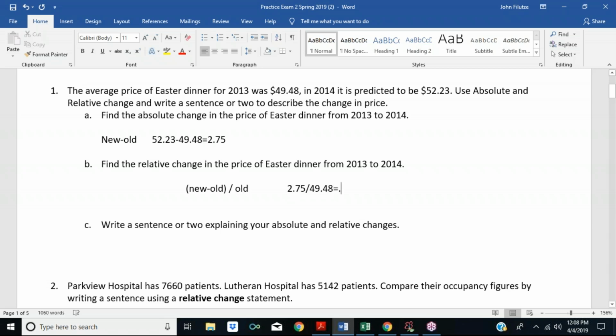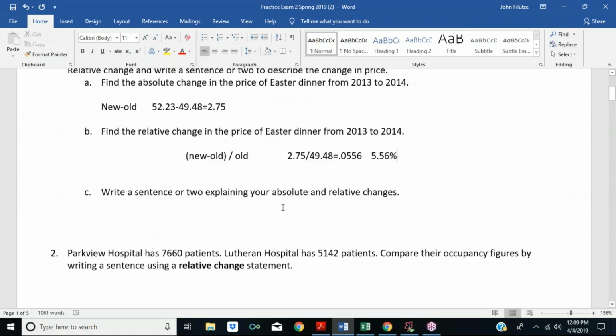And now we'll get a decimal, 0.0556. With the relative change, remember we can change that to a percent, so this will be 5.56%. And then we can answer our question in part C. We could say the average price of Easter dinner increased 5.56% from 2013 to 2014. That would be our sentence explaining the relative change.